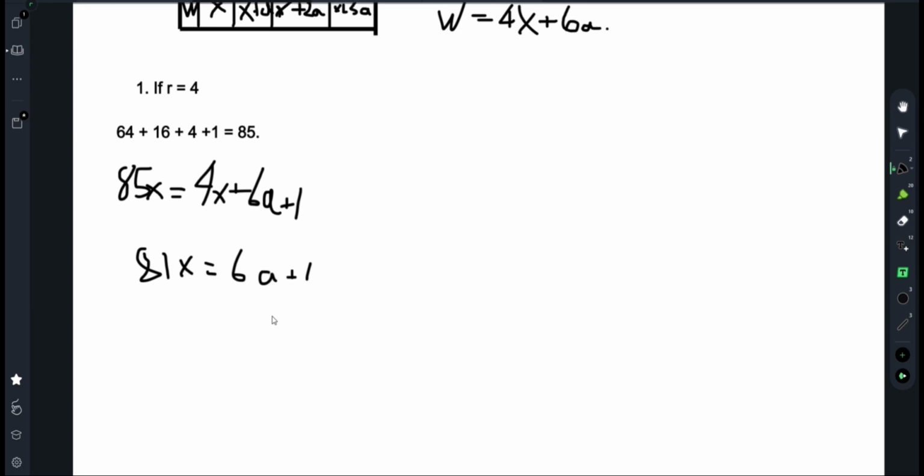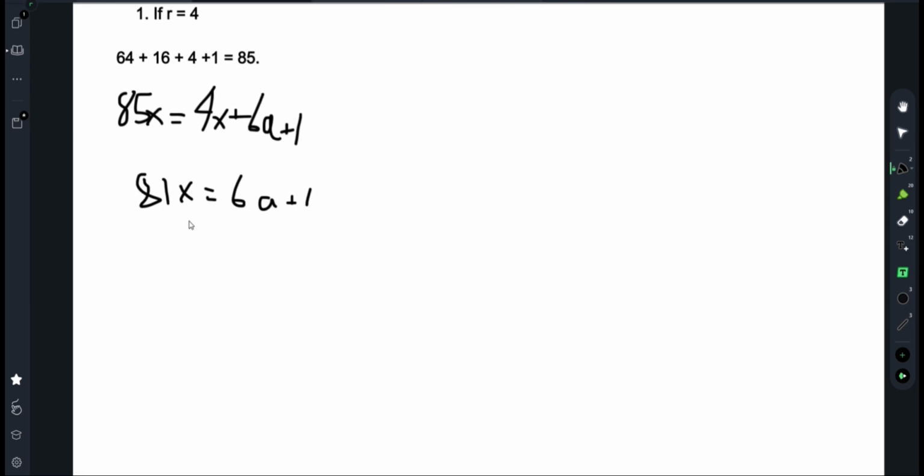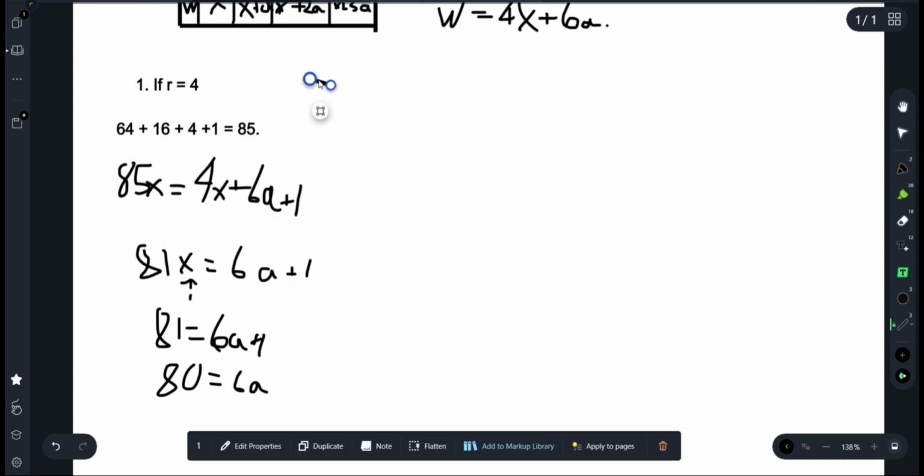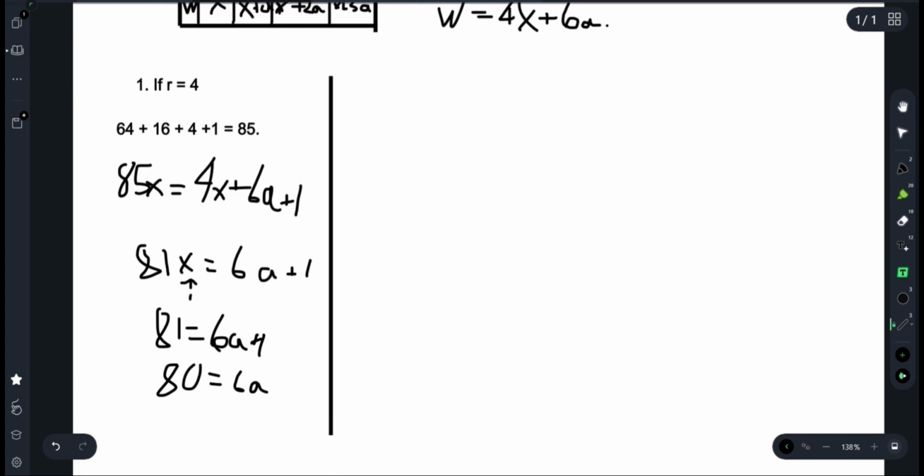So we can see that x has to be 1 in this case, or else it'll be over. So 81 is equal to 6a plus 1. This means that 80 is equal to 6a. And a has to be an integer. So this is impossible, because 80 is not divisible by 6. So we can eliminate the possibility of this.